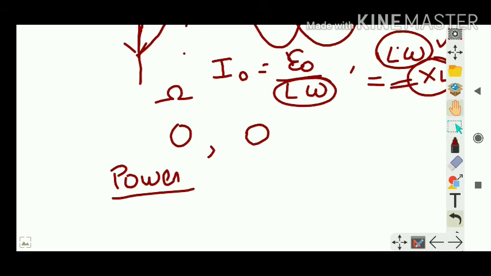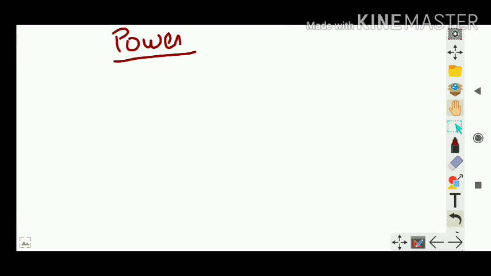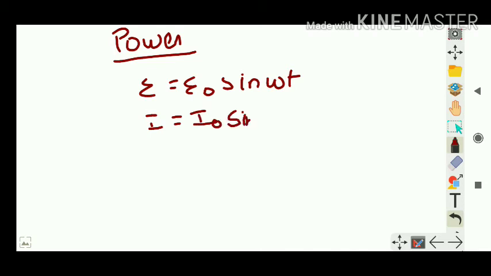Just like the previous case, if you want to find the power, we require both equations of voltage and current, which are E is equal to epsilon naught sine omega t, and I is equal to I naught sine (omega t minus pi by 2). Now what is the instantaneous power?